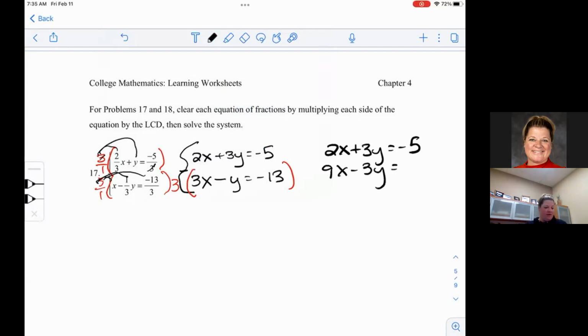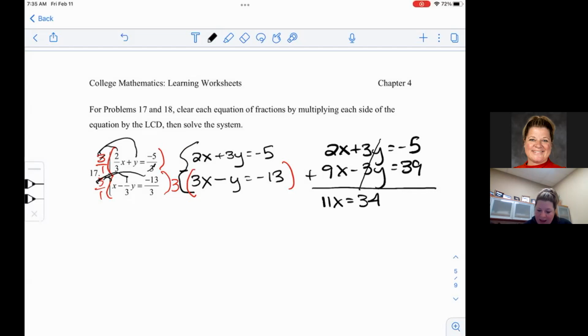I can't do that in my head all of a sudden. It's like all I could get was the 2, so 39. Okay, now I can do a big addition problem. Those cancel or eliminate, and 9 plus 2 is 11x equals 39 minus 5 is 34.